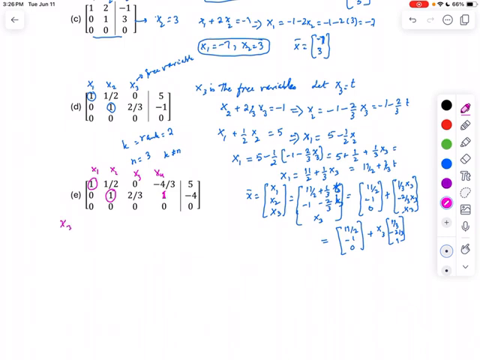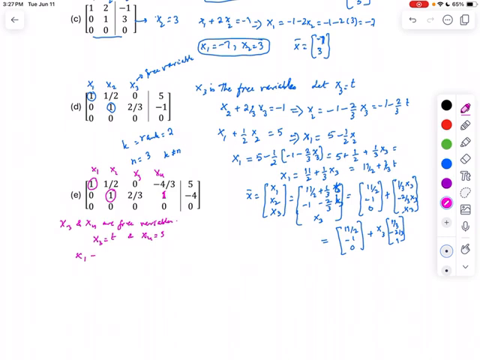So x3 and x4 are free variables. Now, as I mentioned before, if you want, we can say let x3 be t and x4 be s. Or you can take x3 to be s and x4 to be t, doesn't matter. Then instead of x3, x4, we can write our vector in the end in terms of s and t.